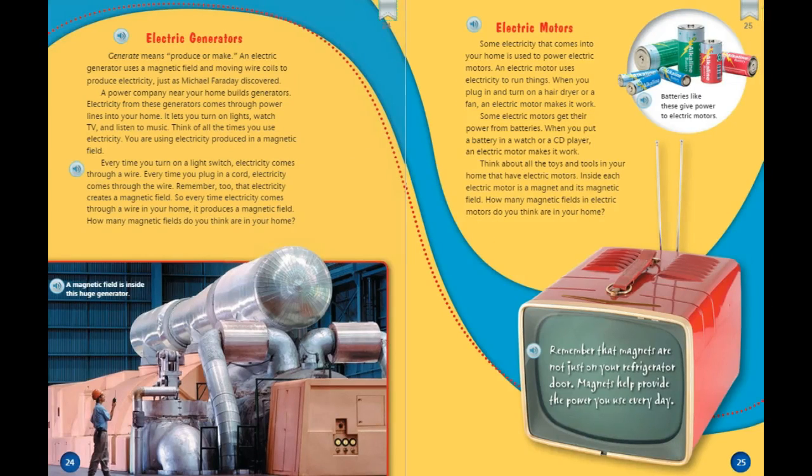List the steps in the process that make it possible for you to turn on light in your house. What details on pages 24 and 25 support the idea that magnets help provide the power people use every day?